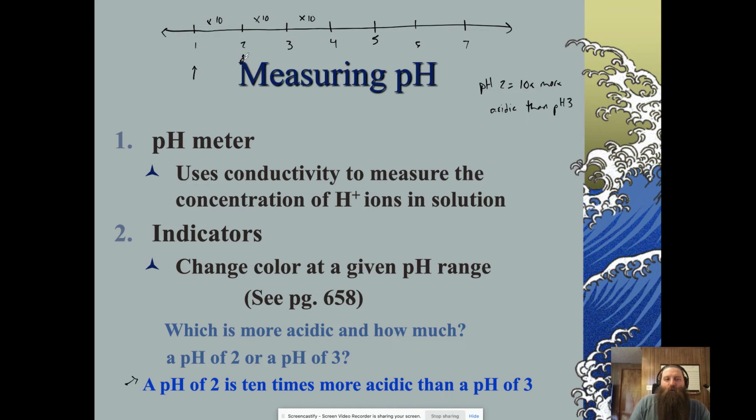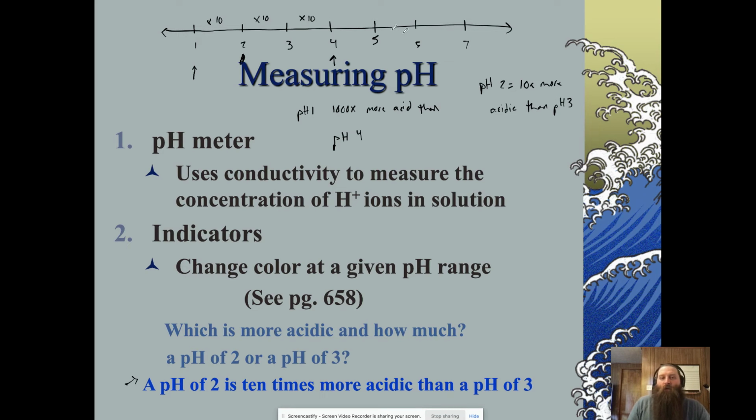So if I wanted to compare 1 to, say, 4, well, 10 times 10 is 100, and 100 times 10 is 1,000. So a pH of 1 is 1,000 times more acidic than a pH of 4.